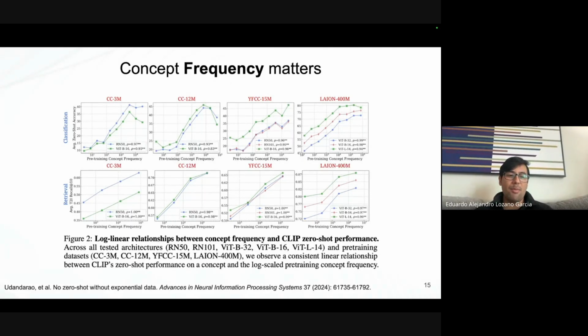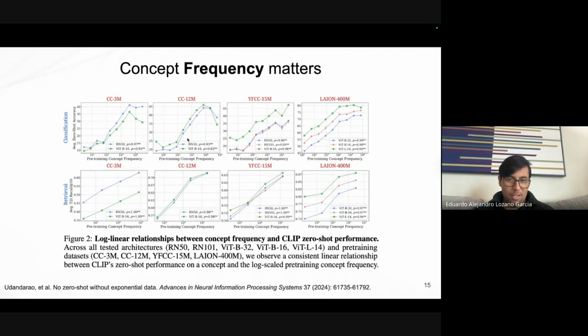There's also a very important paper published last year called No Zero Shot Without Exponential Data, in which they revisited the so-called zero shot capabilities of CLIP, and they found a log linear relationship between the concept frequency and CLIP's zero shot performance. So for instance, zero shot classification and retrieval.